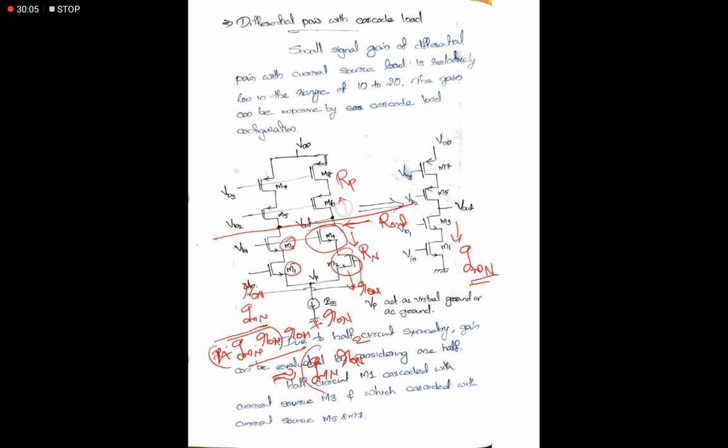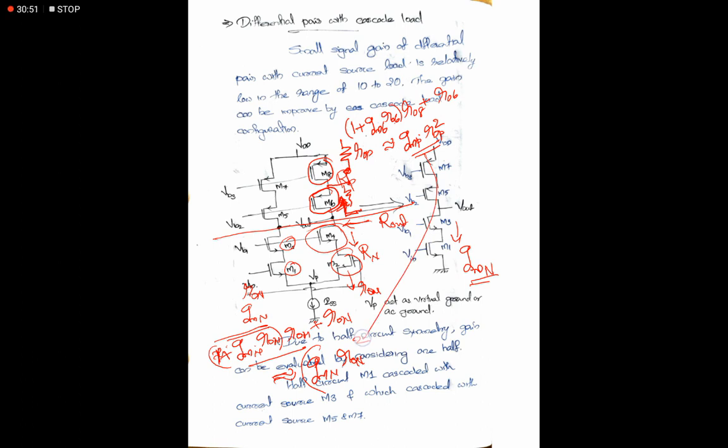And when we consider RP, if we are looking to the upper side, we need to look from the output terminal, then this will be connected as symbol R0P, and this is multiplied by the gain of M6, so it becomes 1 plus GM6 R06 into R08 plus again R06 will be there, that is the resistance of this one in series, which can be approximated to GM6, which is nothing but GMP into R0P the whole square.